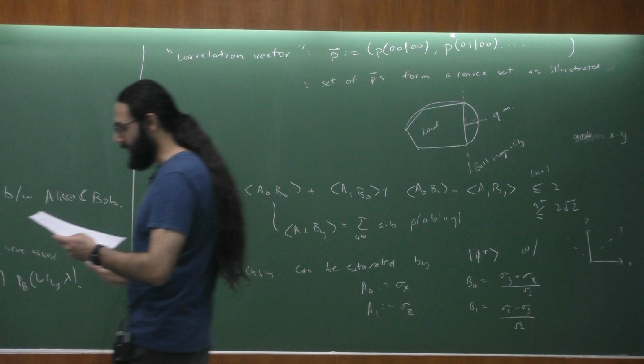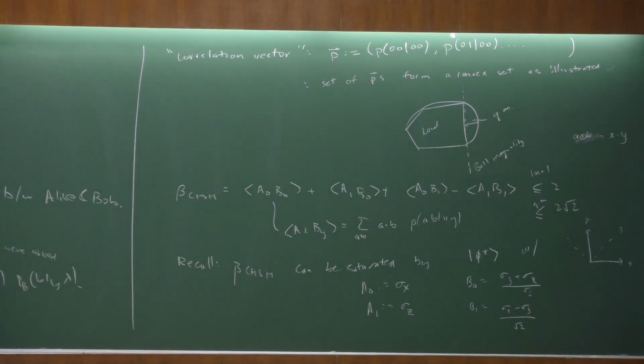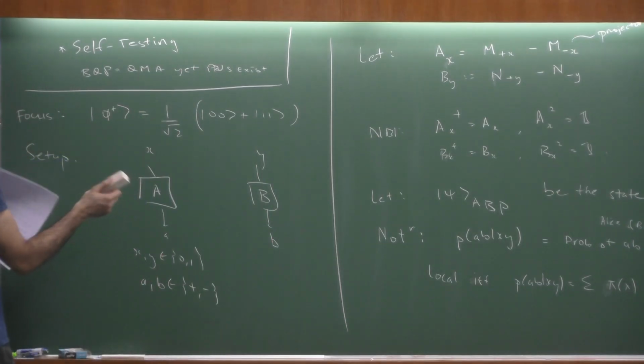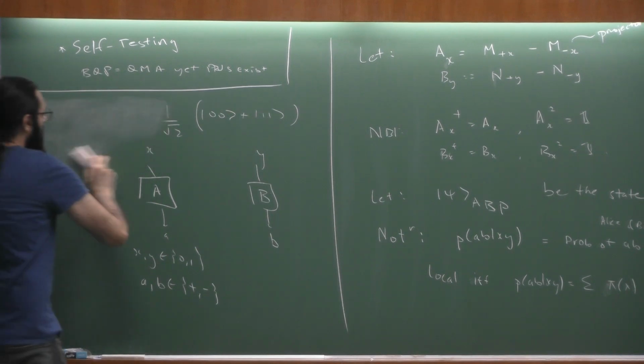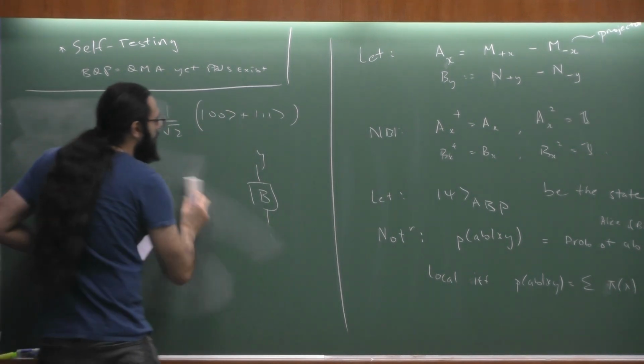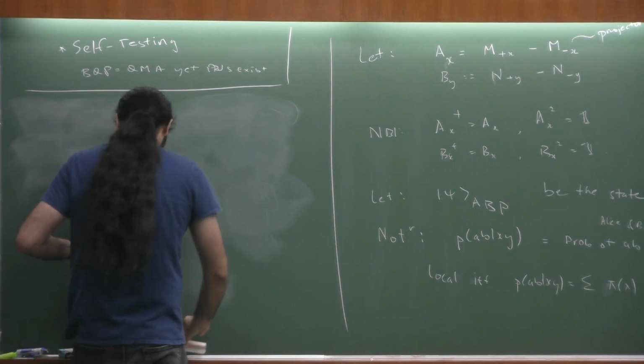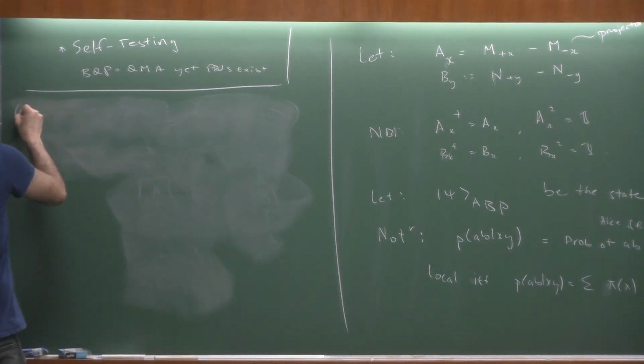This is important to know because the goal here, I've not told you what the goal is. So this is just like the standard Bell things that we've already seen. Now the new thing, which is what we call self-testing, is the following statement informally.